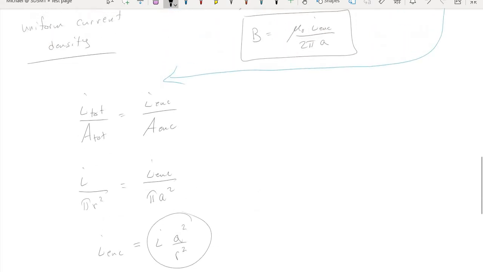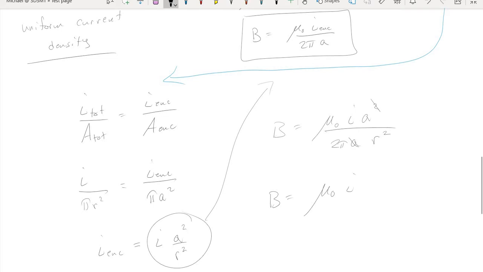That value will now be substituted into the expression that we have for our magnetic field. The enclosed current is now I a squared over r squared. But we have a squared in the numerator and a in the denominator.